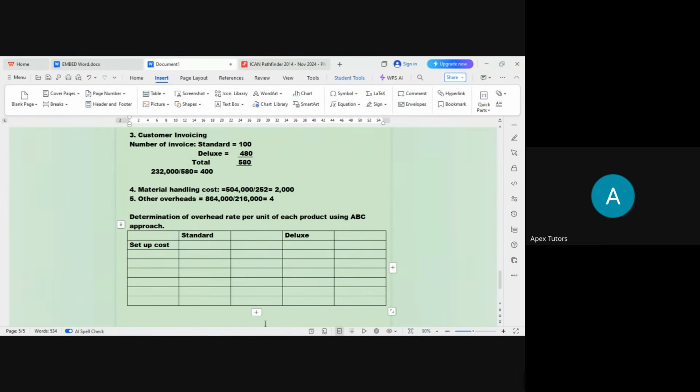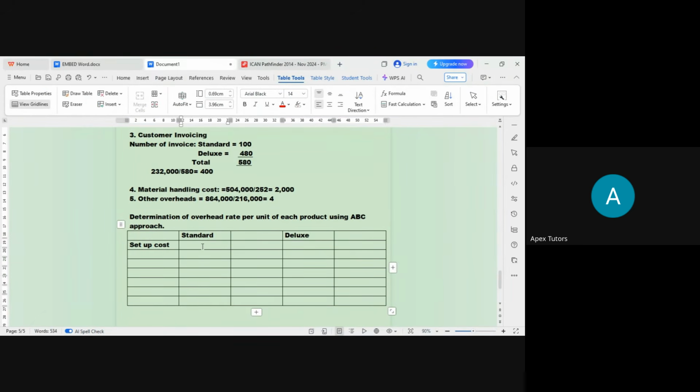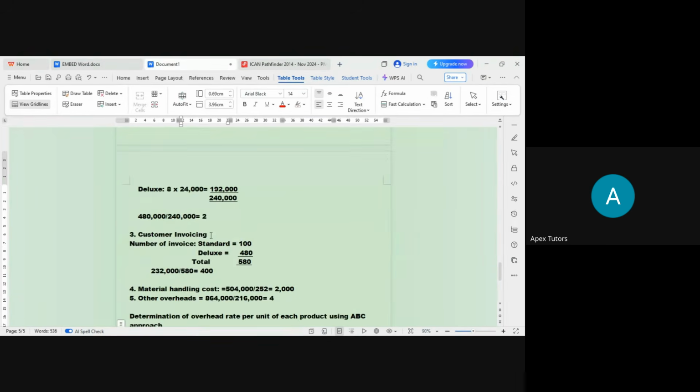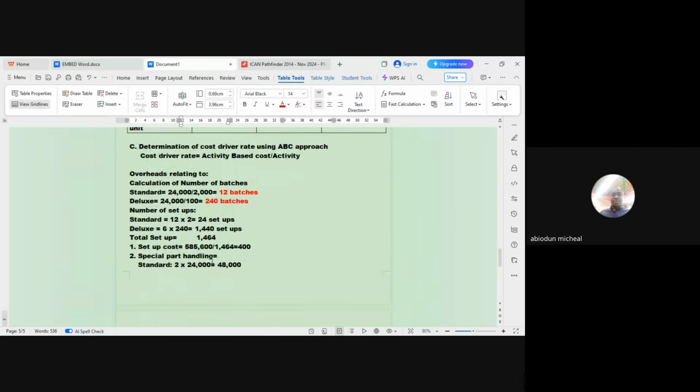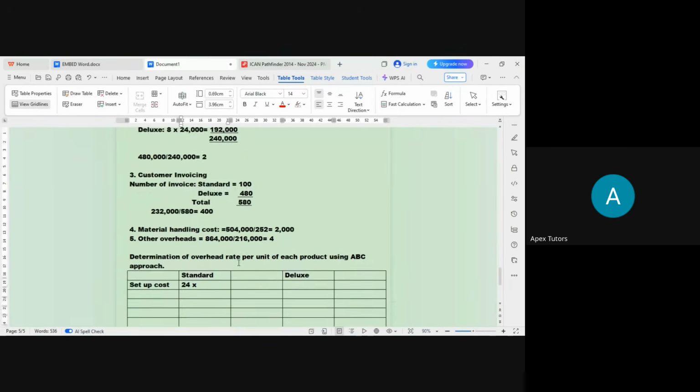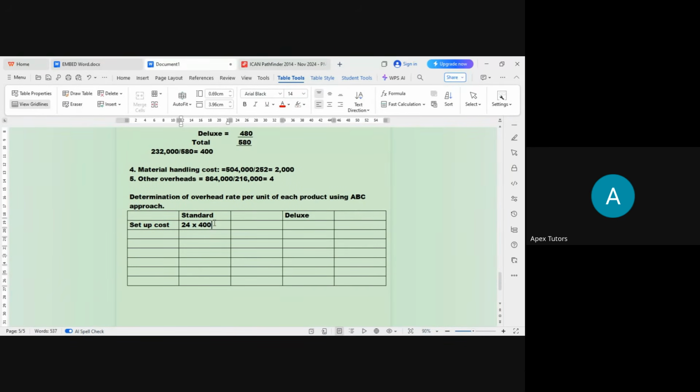So, setup cost based on overhead rates per unit. What are we going to do now? The total setup for standard is what? 24. Now, based on the driver rate, the value of one setup based on cost driver is what? 400.